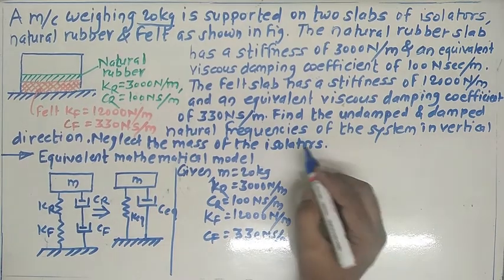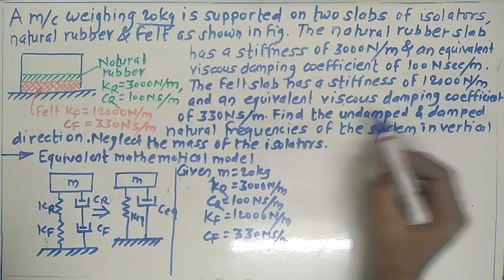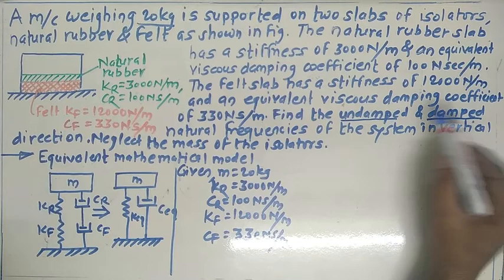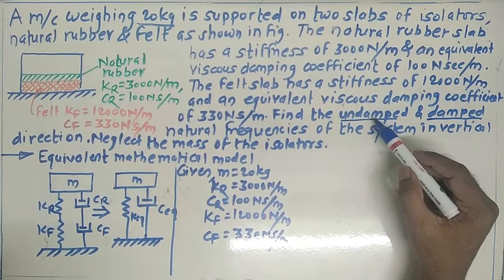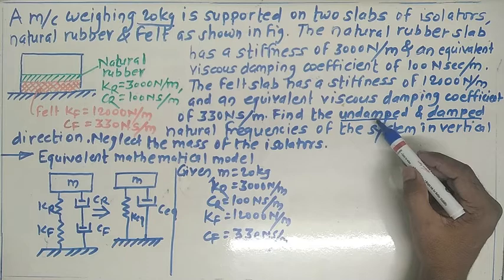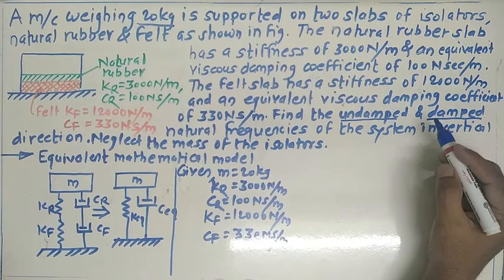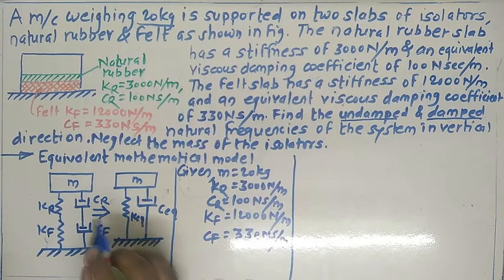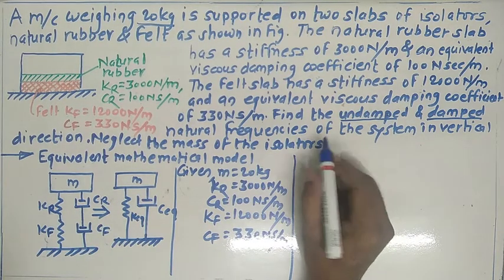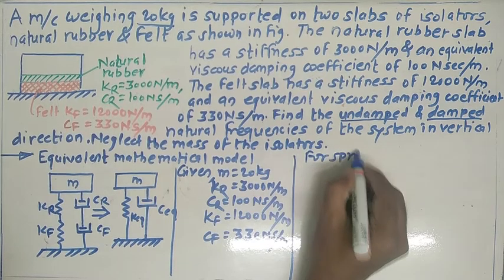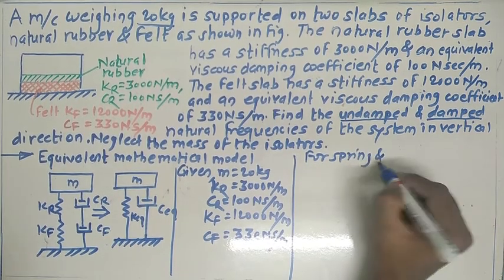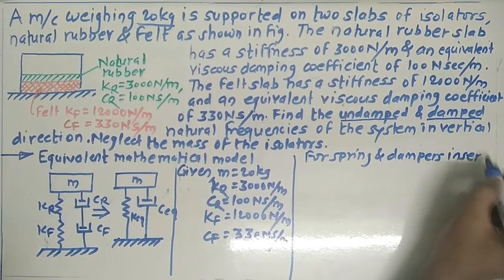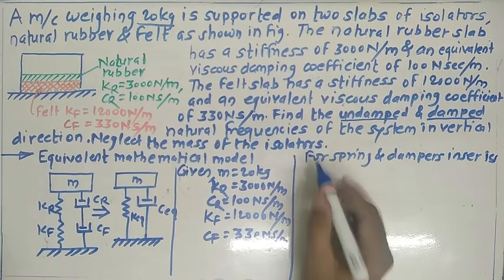So we need to find the undamped and damped natural frequencies. Undamped means the natural frequency of the given system as it is, without damping. For springs and dampers connected in series, we can write the relations.